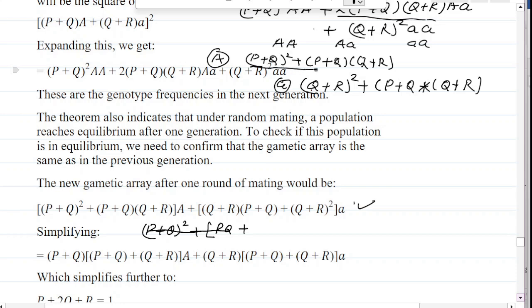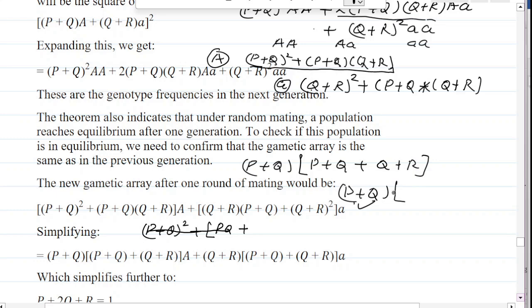Now from this term you will see P plus Q can be taken outside. So I take P plus Q common and I will get P plus Q plus Q plus R, and it is P plus Q, this is P plus 2Q plus R, and this term is equal to 1.